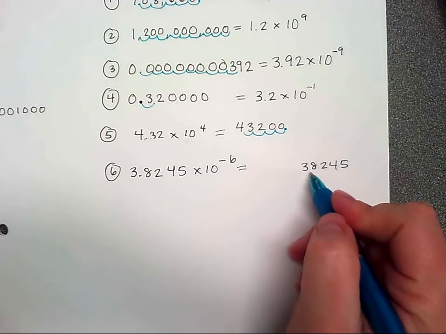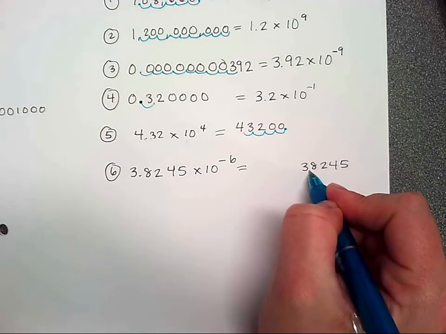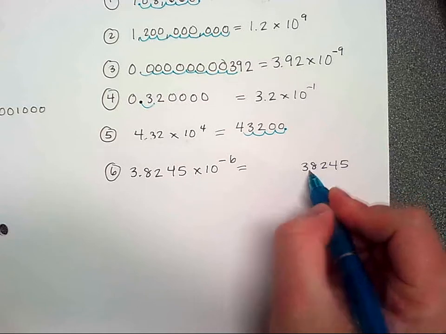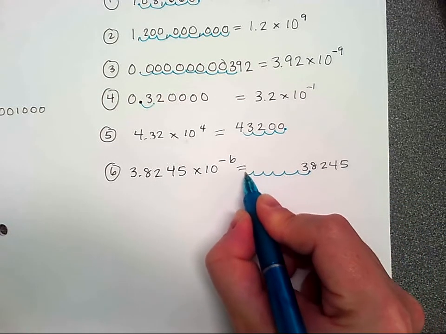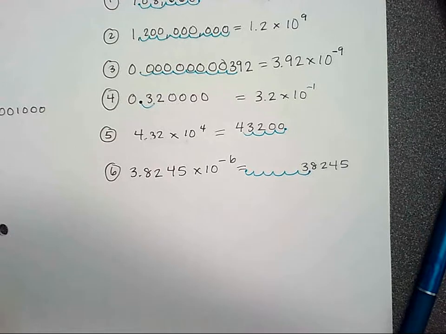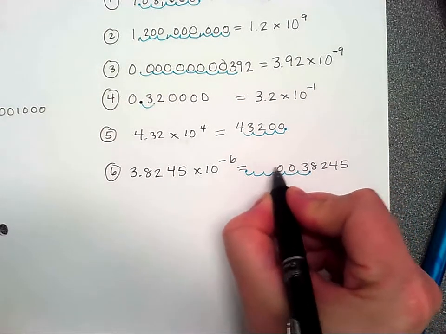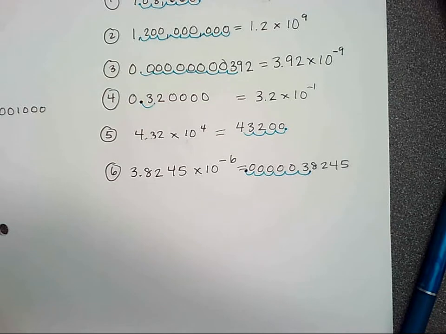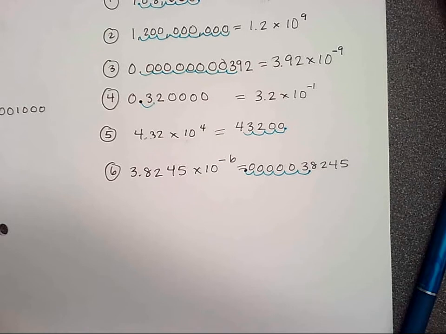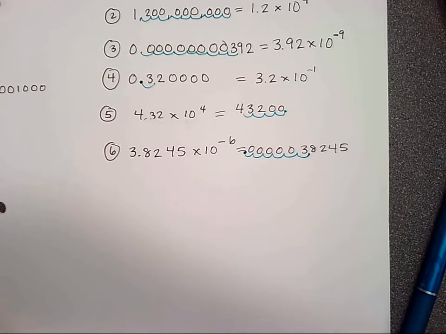And now I'm going to say this is where my decimal place starts. I need to move it over 6 places, right? 1, 2, 3, 4, 5, 6. And now I'm going to fill in the zeros. So you should have 2, 4, 5 zeros. Are we good? Okay.